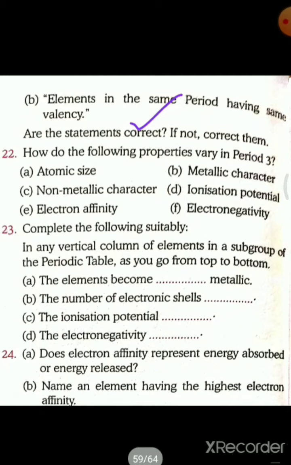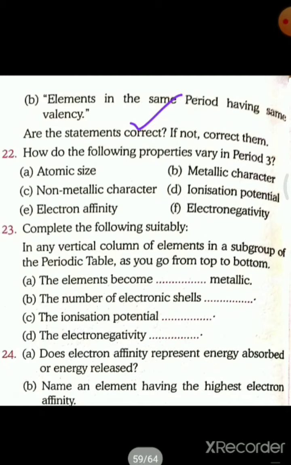Ionization potential also increases from left to right. Electron affinity also increases from left to right. Electronegativity also increases from left to right. So remember, electron affinity and electronegativity are the same.